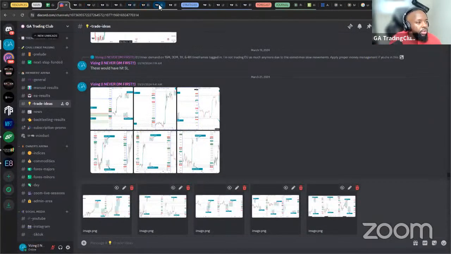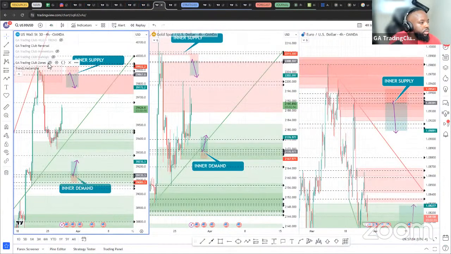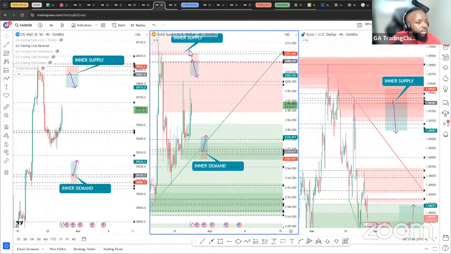And the 4-hour timeframes for US 30, gold and EU as well.